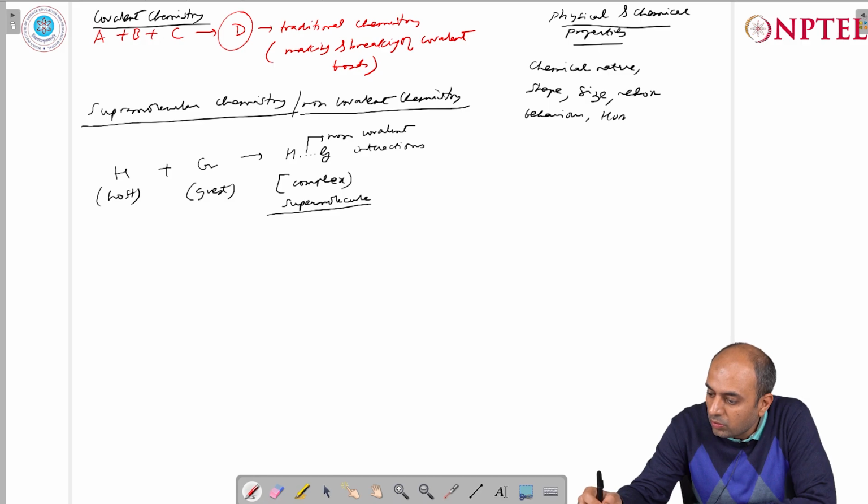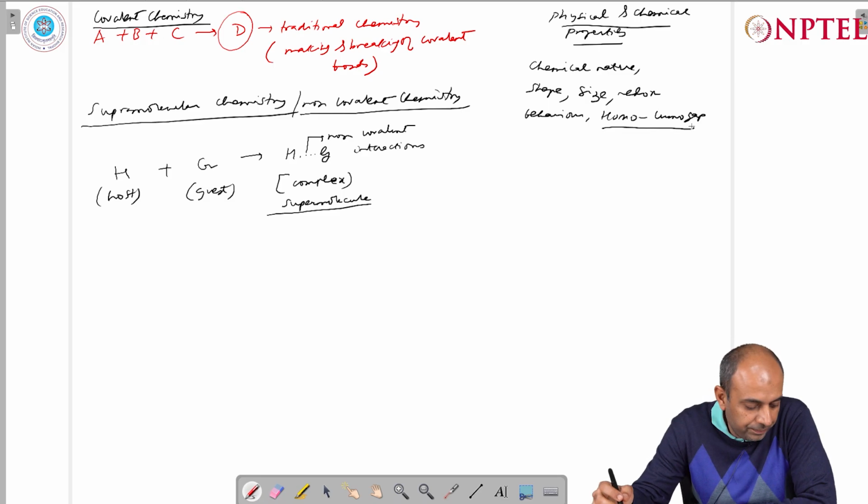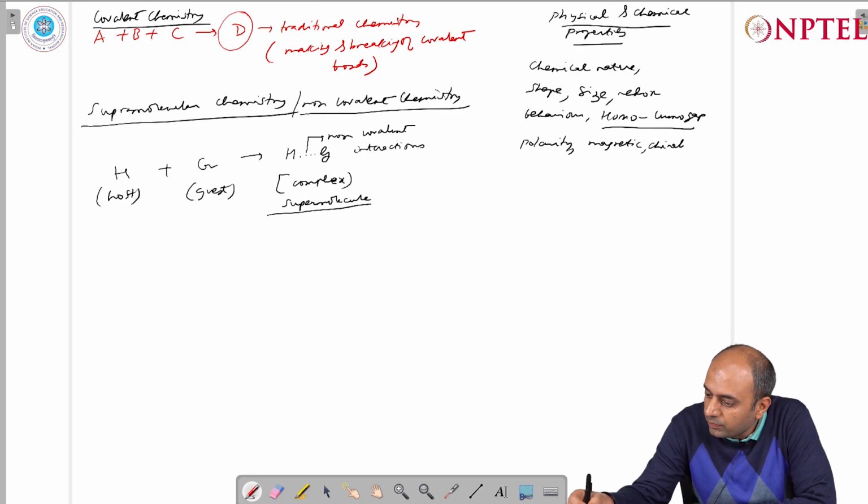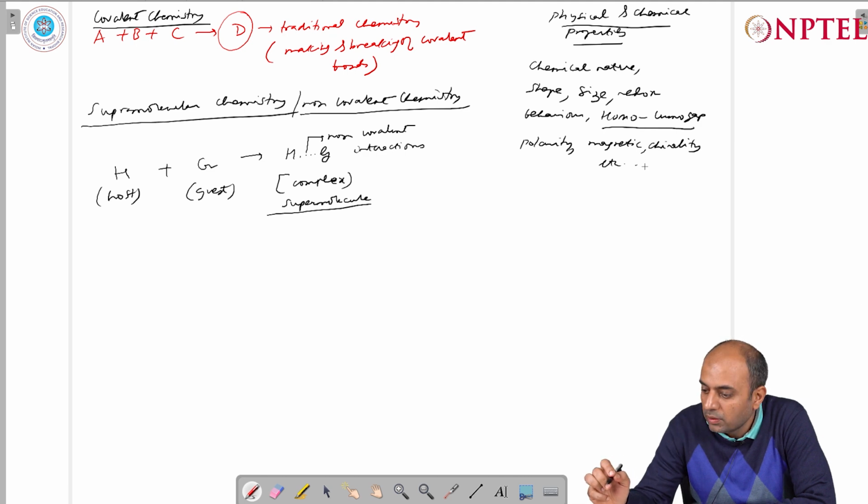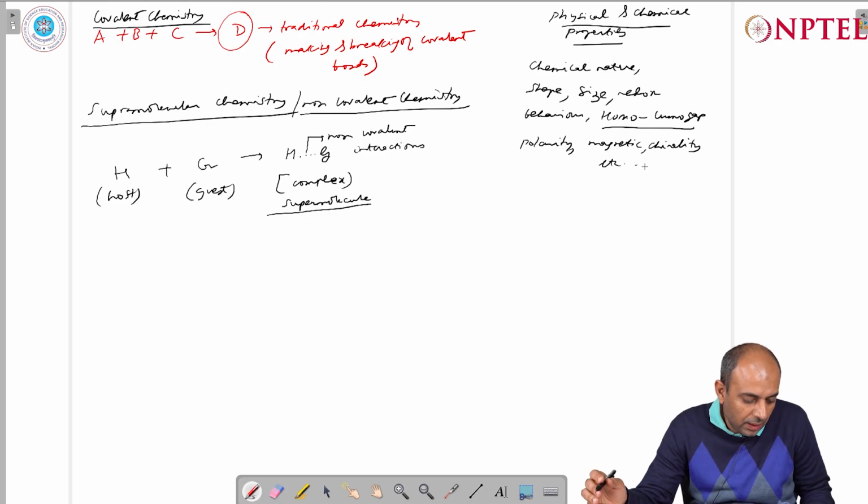What is the HOMO-LUMO gap? What is the polarity of my molecule, whether it is polar or non-polar, whether it is magnetic, whether it exhibits the phenomenon of magnetism or not, chirality, etc. So these are some of the important properties we are interested to know when we make a new molecule D.